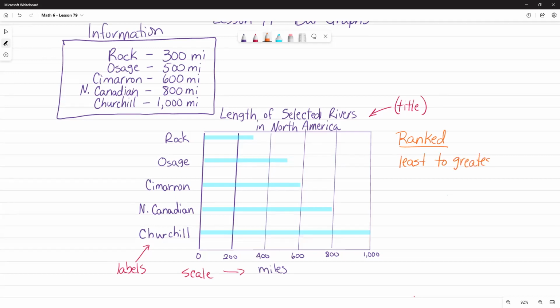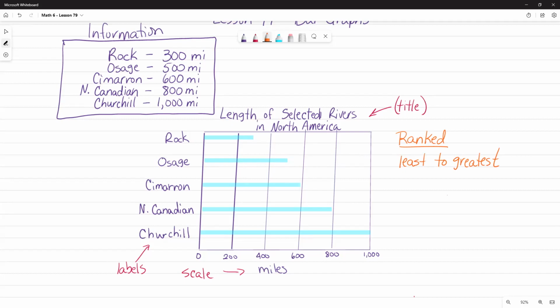If you're asked to give a ranked bar graph, what you're going to need to do is take your data and put it in the correct numerical order, whatever's asked, least to greatest or greatest to least. The one in your book on fast food items sold is going from greatest to least, because you have hamburger at the top, which goes all the way over to 600, and apple pie at the bottom, which only goes to 100.